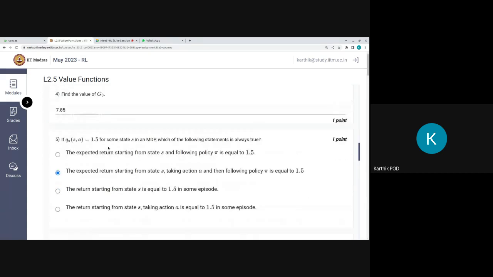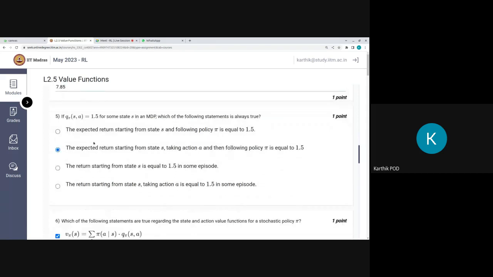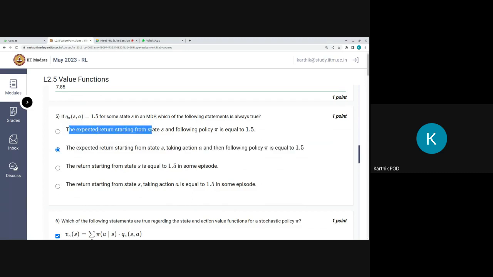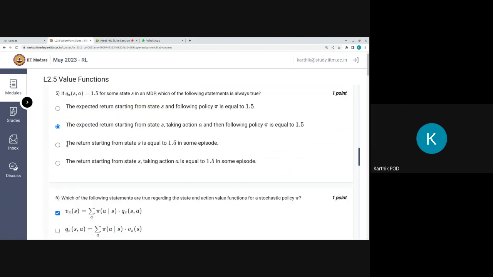Question 5 is just asking you what this Q pi means. So Q pi means the expected return when you start from state S, take action A, and then follow policy pi. Expected return starting from state S and following policy pi will be just the state value function, which is V pi of S. There's no action involved, so this is V pi of S. The return starting from state S equal to 1.5 in some episode is wrong because the value functions are expectations, right?